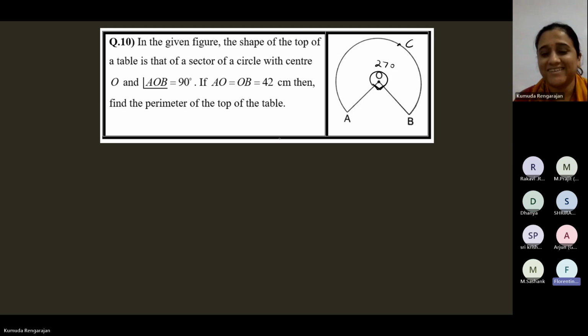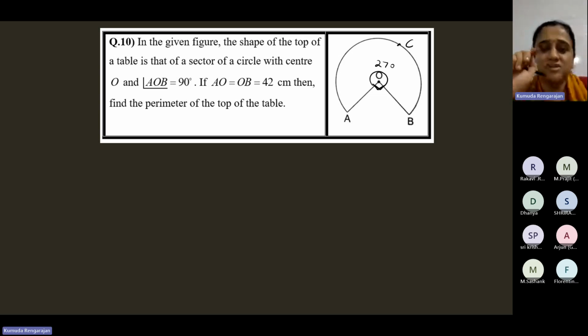Area of the circle minus area of the triangle. No. The question is not to find the area. Find the perimeter of the top of the table. Perimeter, length of the boundary. Circumference of the circle minus perimeter of the triangle.